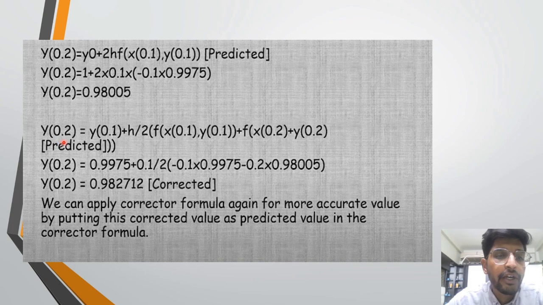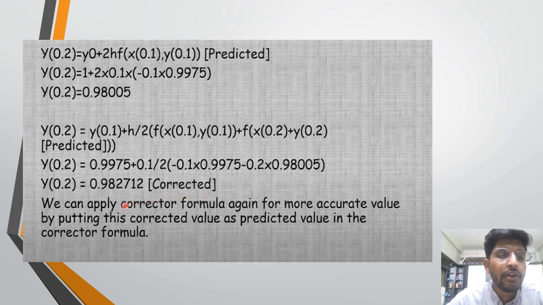So y(0.2) comes out to be y(0.1) plus h by 2 times (f(x(0.1), y(0.1)) plus f(x(0.2), y(0.2))). So y(0.2) comes out to be 0.9975 plus 0.1 divided by 2 into the values of f(x(0.1)) plus f(x(0.2)) over here. So the value of y(0.2) comes out to be 0.982712, which is the corrected value of y(0.2).